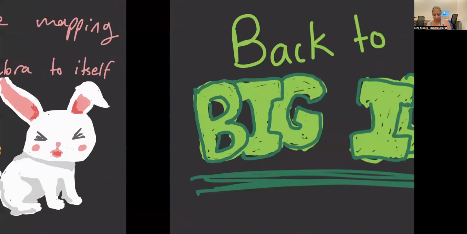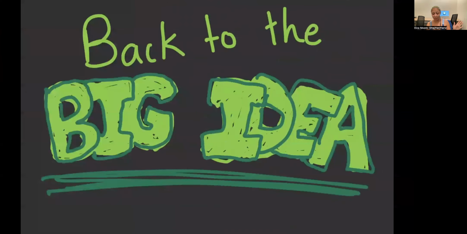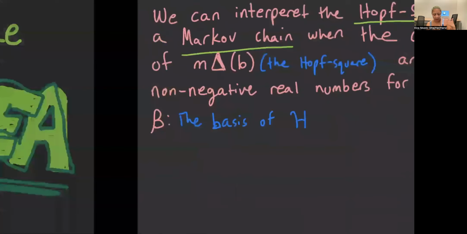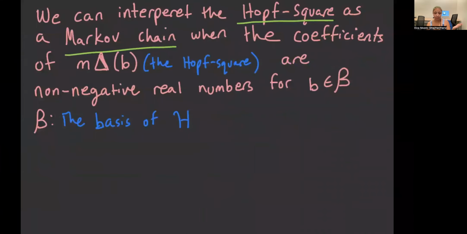So now we can get back to the big idea. Now that we have all of those definitions out of the way, the big idea is: how can we interpret the Hopf square as a Markov chain?